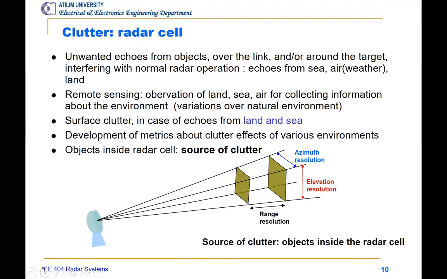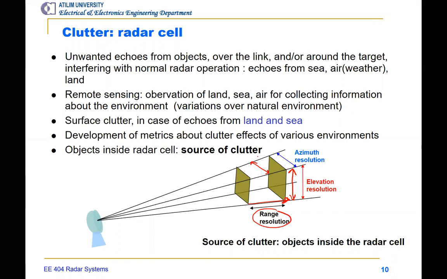Before that, let's go back to the radar cell concept, because the source of the clutter is actually the objects inside the radar cell. In 3D, as you might remember from the midterm examination, there are 3 resolutions that we have described for radar systems: range resolution, resolution in elevation, and resolution in azimuth.